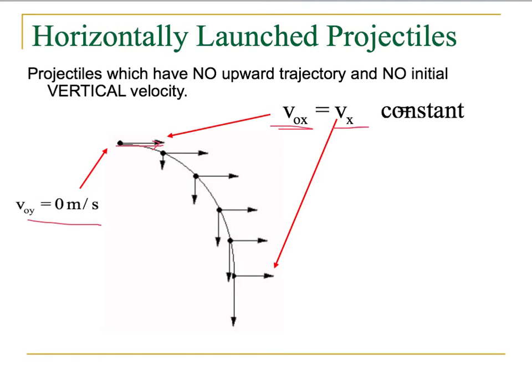And so in class, we'll usually just write it as vx. We won't bother to put the little o there for initial because it's constant throughout the entire motion. Also, there's no upward part of the trajectory, so we're just looking at horizontal launch, and then it's going to be making its way down to the ground while moving horizontally.